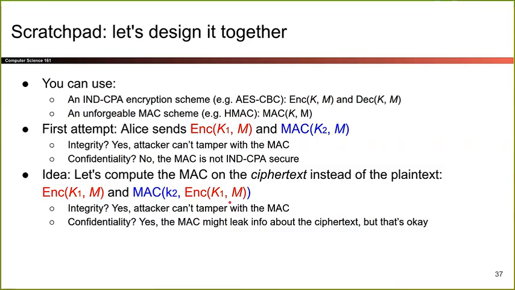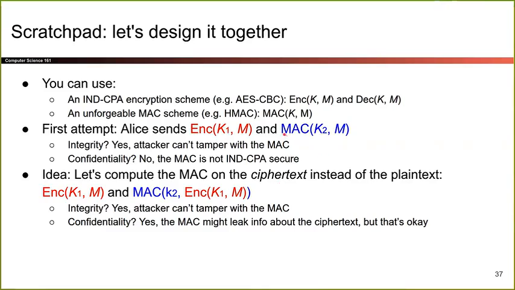But guess what? If I leak information about the ciphertext, that's okay. The ciphertext is IND-CPA secure. So even if the attacker uses the MAC to learn about the ciphertext, you still can't tell me what the plaintext is. So it's okay. And the scheme does provide both integrity and confidentiality. So that's our first idea.